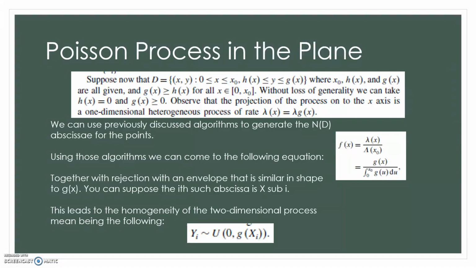Then we can use envelope rejection with a function similar to g(x), and suppose the ith such abscissa is x_i. That leads to this equation, which is the homogeneity of the two-dimensional process mean.